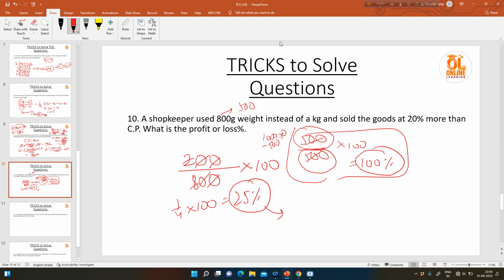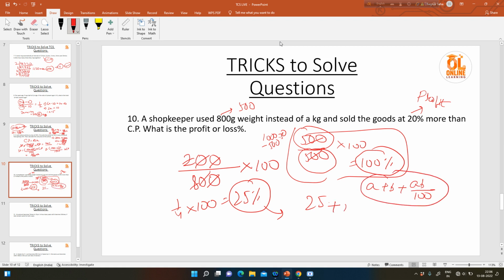Now they are telling that he sold the goods at 20% more than the cost price. So here again he is getting a profit of 20%. So how to find the total profit? The formula is a plus b plus ab by 100 to find the total profit.